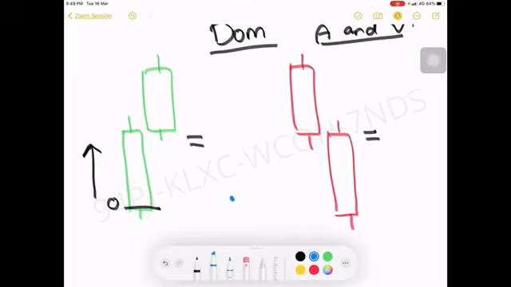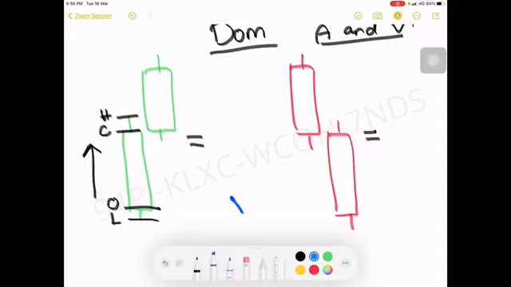So what candlestick is this? It's a bullish candlestick, right? Yes, bullish. If it wants to go up, it must go down first. So it will go down first, and then to the high and then closing.